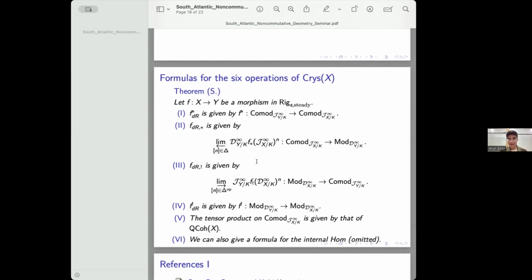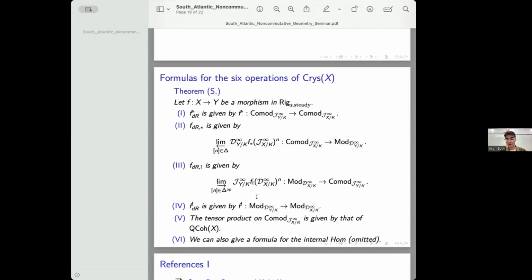Similarly, we can give a description for F deRham lower shriek, as a functor from modules over D infinity to comodules over J infinity. And F upper shriek, at the level of QCoX, as a functor from modules over D infinity to modules over D infinity, is just given by the upper shriek pullback.